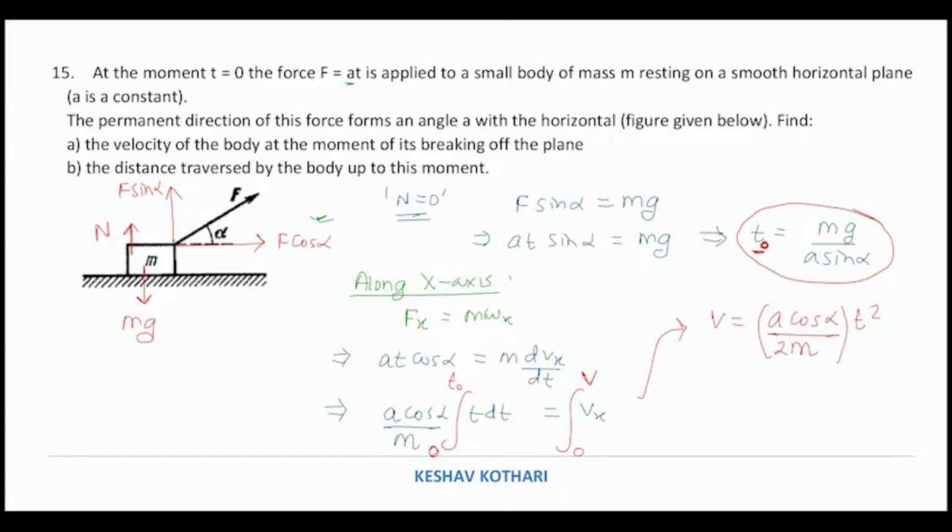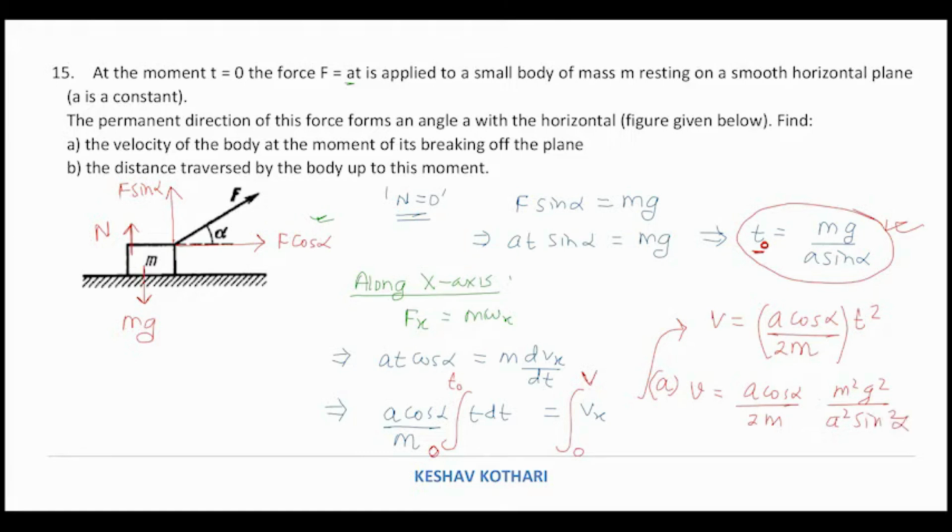Now the question is asking the velocity of the body at the time it is breaking off, so we can put this value of t and obtain the expression as A cos alpha by 2m, and t square can be written as m square g square upon A square sin square alpha.